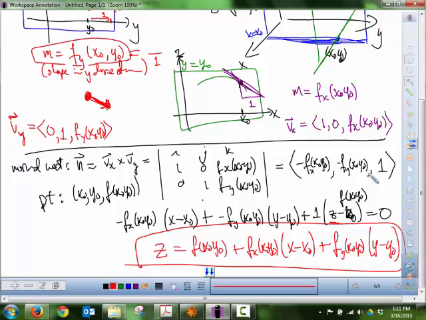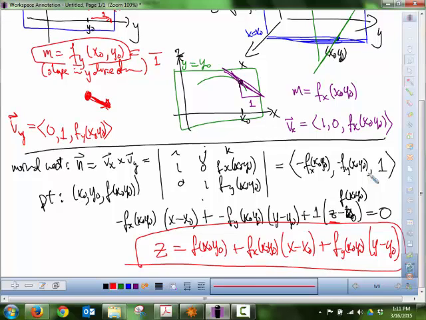Okay? So we not only have the tangent plane, but we also have a normal vector that's normal to the tangent plane in this formula, or where it's positive, positive, and negative. Okay?